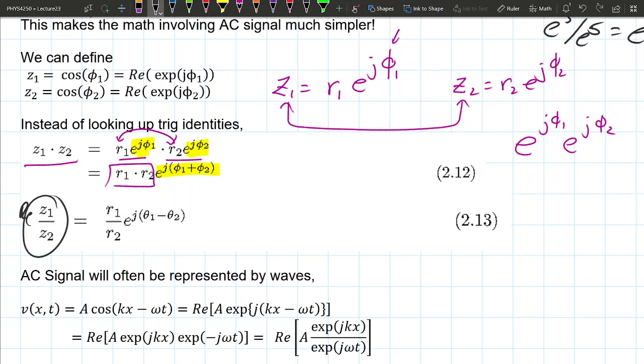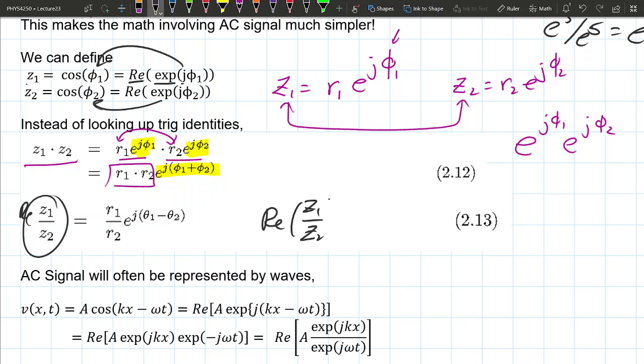So the real part gives you the amplitude, but the imaginary part gives you the phase. When you take the real part of e to the j times phi 1, it turns it into a cosine function. It goes back.